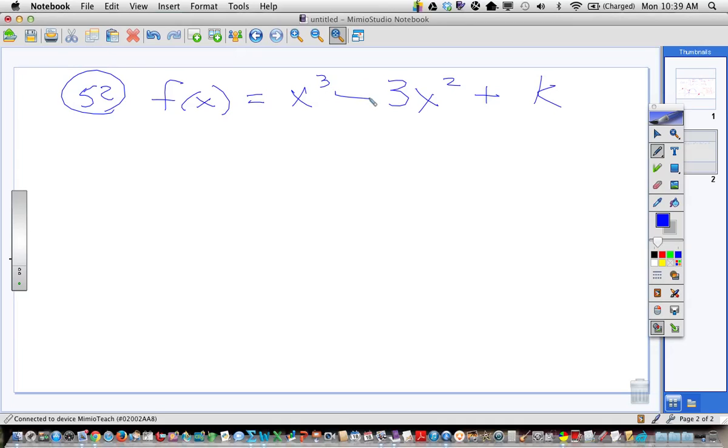And it says, what values of k will make this have 1 root, or x-intercept, 2 roots, 3 roots?